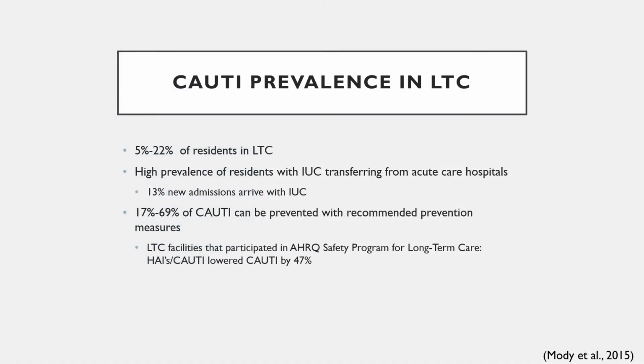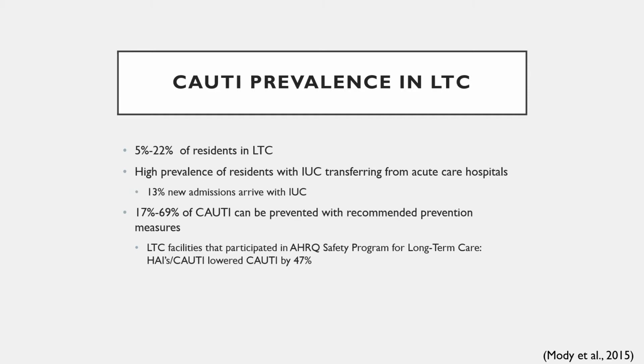Although CAUTI is more frequent in acute care hospitals, it is still prevalent in long-term care facilities and should remain a priority. 13% of residents are admitted to facilities with an indwelling catheter already in place. About 5 to 22% of residents acquire CAUTI while in long-term care.